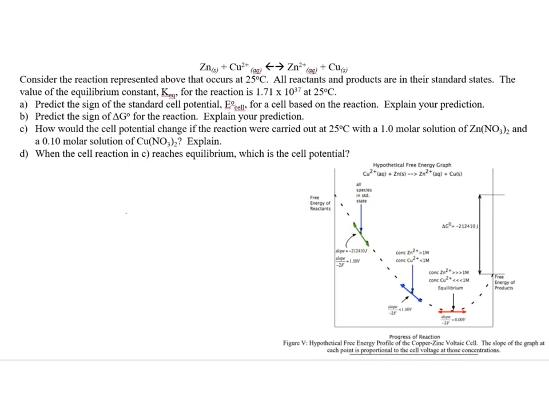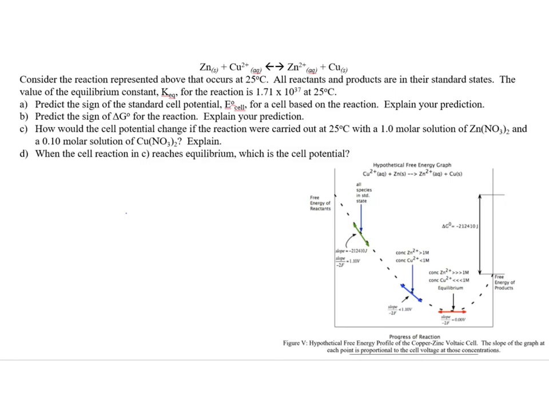But all I really want to know right now, this would be like the kind of thinking to have on a multiple choice question. I just want to note 10 to the 37th. That is huge. So K is really, really big. This process is going to favor products at equilibrium. It's going to be spontaneous in the forward direction most all of the time.